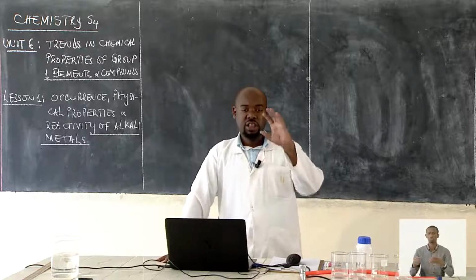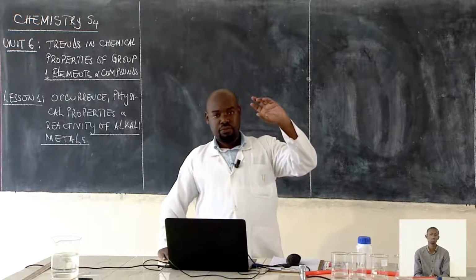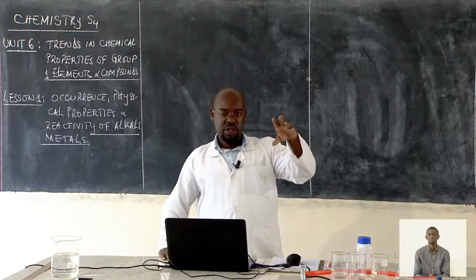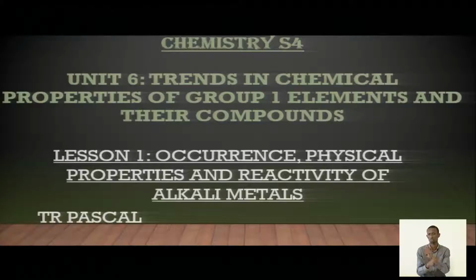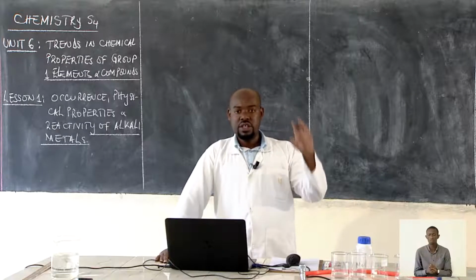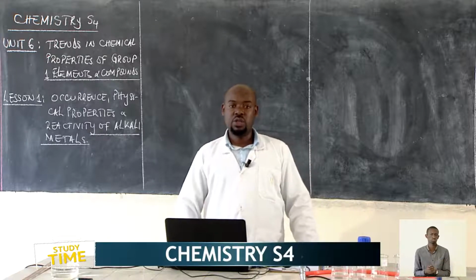What is next after finishing with the physical properties and the trends in the variation of those physical properties is to go into the details and look at how these elements react as well as their compounds, the physical properties and the chemical properties. So today we are starting with the occurrence, physical properties, and the reactivity of alkali metals.